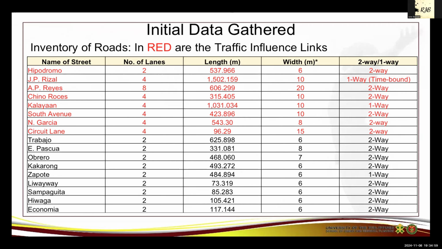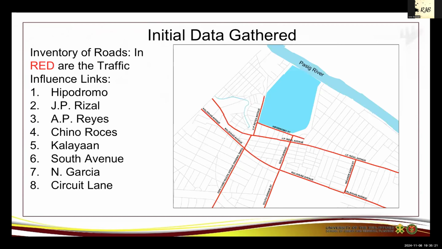Let's see, sir, but we only have data in terms of traffic counts for this network. Traffic count, you only need one road. Okay, sir, we'll talk with our group on how to do that. But anyway, we're planning to focus on the 8 links, which are connected major roads. Okay, no problem.